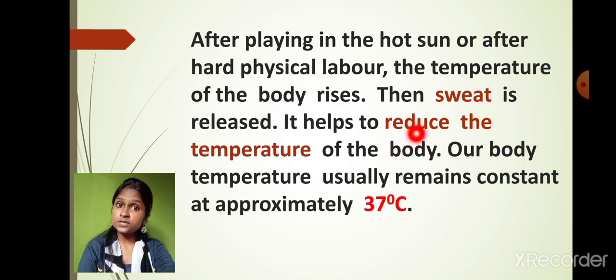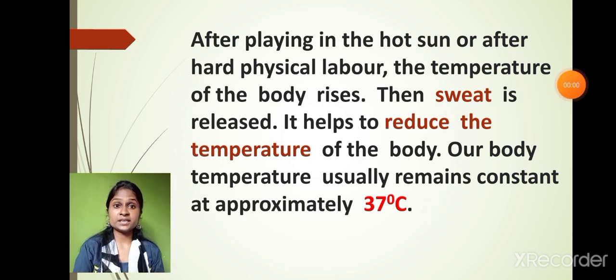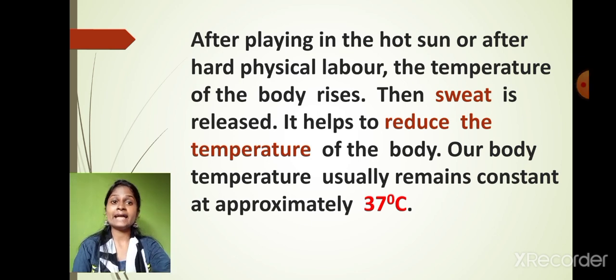So to reduce the body temperature, our body produces the sweat. And sweat is present in the form of water. So because of the sweat, our body temperature decreases and our body maintains the temperature of what? 37 degrees Celsius. Is that clear? That's why sweating is very important. So sweating reduces the temperature of our body and it maintains the temperature at 37 degrees Celsius.